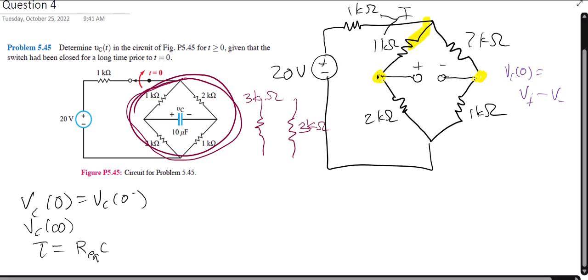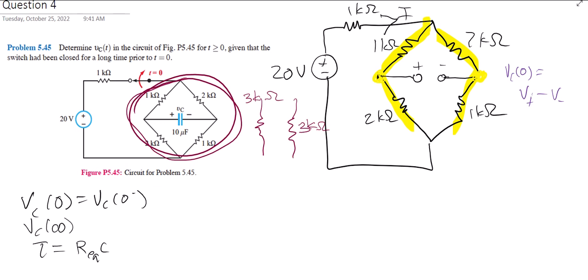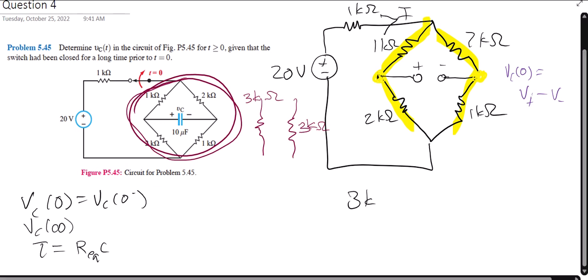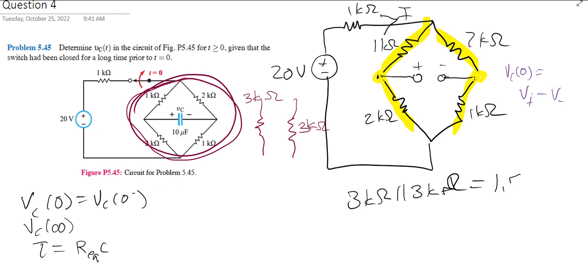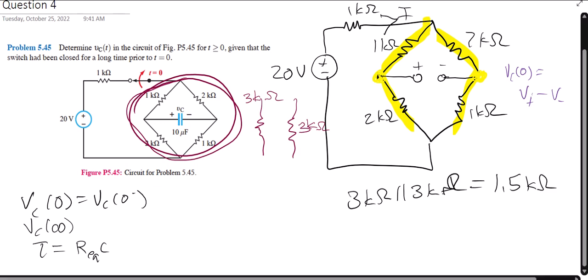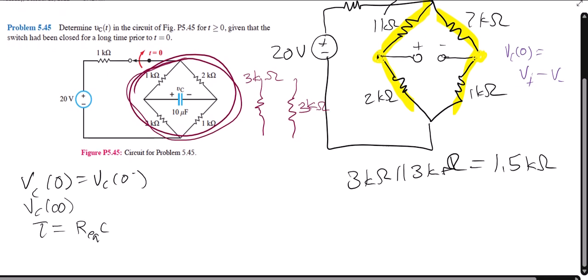So this is a 3 kilo ohm resistor, and this is a 3 kilo ohm resistor if we look at it that way. And so then 3 kilo ohms in parallel with 3 kilo ohms is 1.5 kilo ohms, because if you have identical resistors in parallel, the equivalent resistance is just half of them.